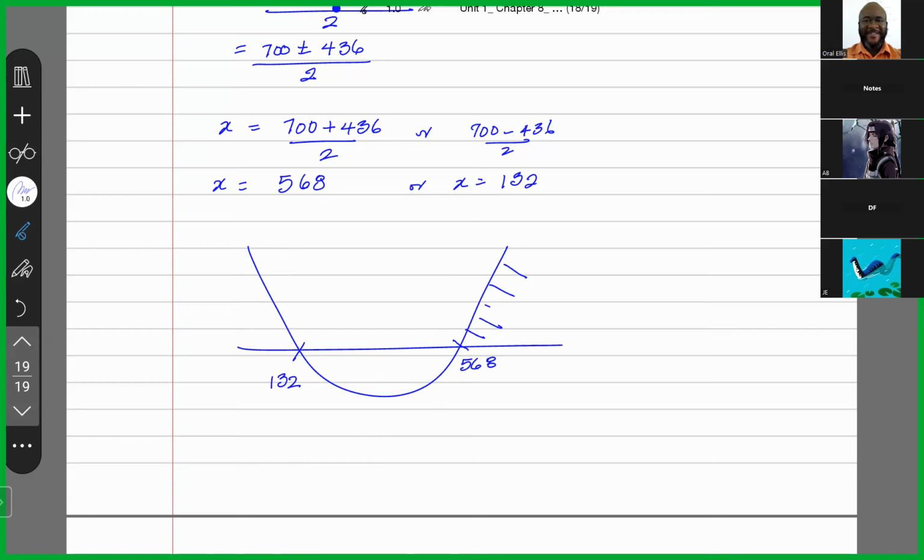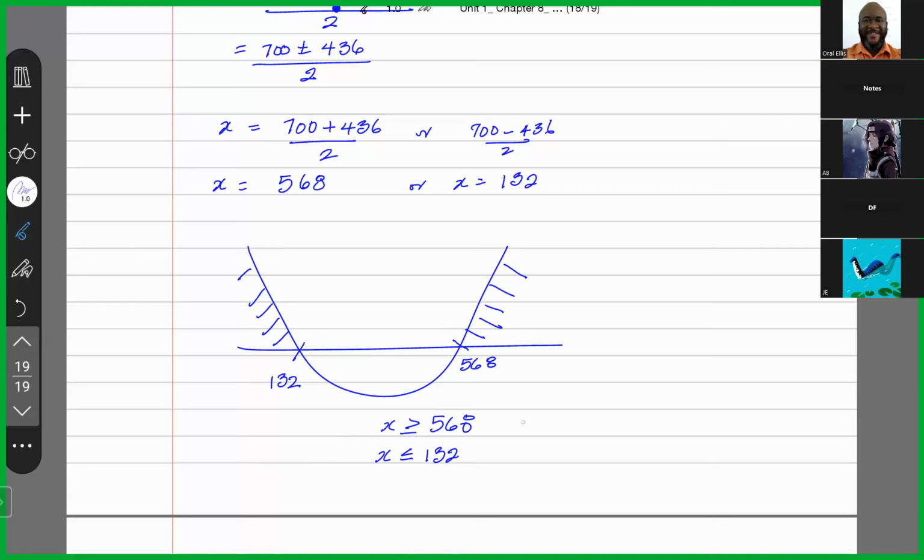Greater than, these are the values of x, that is the section of the graph that is greater than 0. So x must be greater than or equal to 568, or x must be less than or equal to 132.